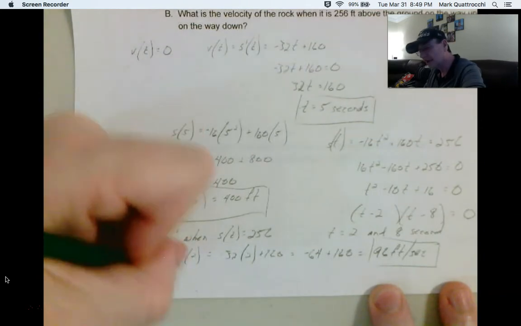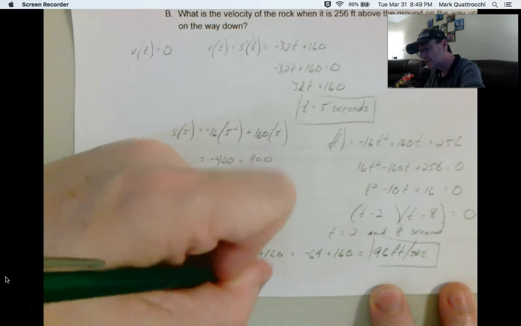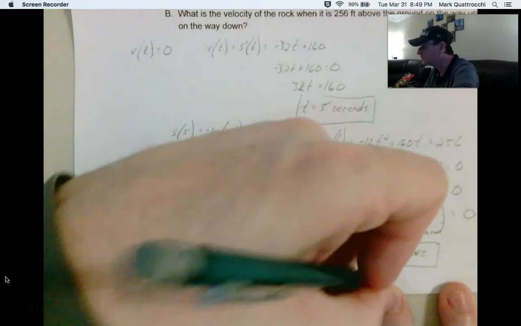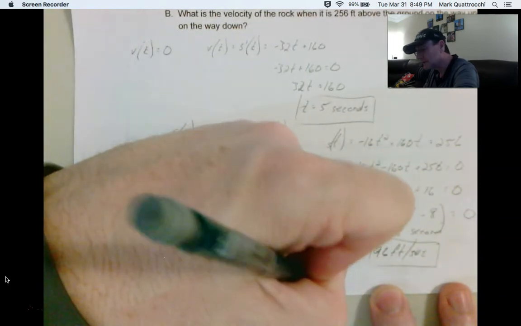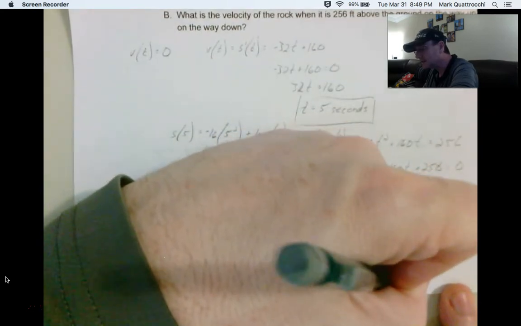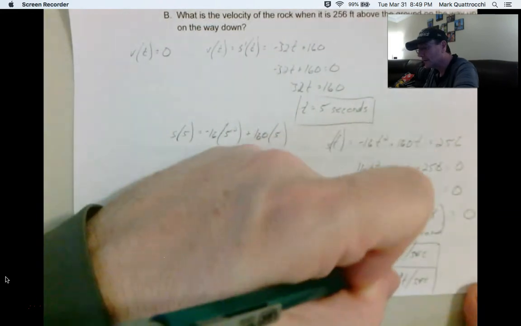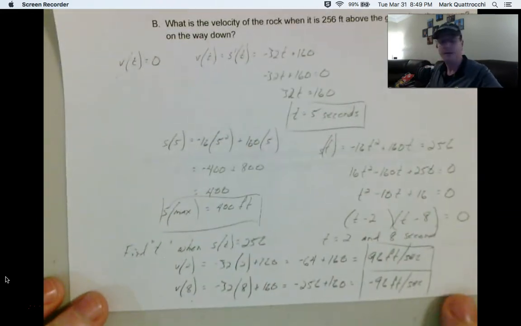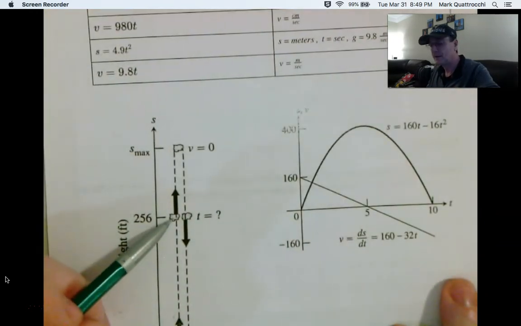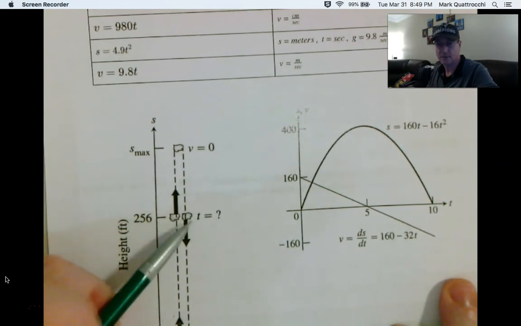And then v of 8, velocity at 8 seconds, negative 32 times 8 plus 160, equals negative 256 plus 160, or negative 96 feet per second on the way down, which again makes sense because its speed is the same at the height of 256 on the way up as it is at 256 on the way down.